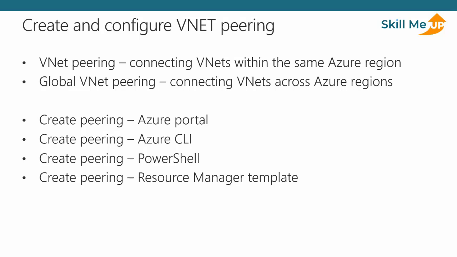There are a few different reasons you may want to do that. In that scenario, you'd have to fail over the entire environment if you had duplicate IPs because they could not intercommunicate. So that was a couple of ideas behind VNet peering.